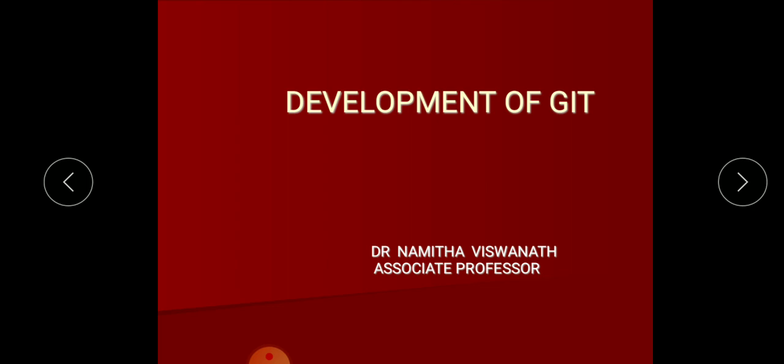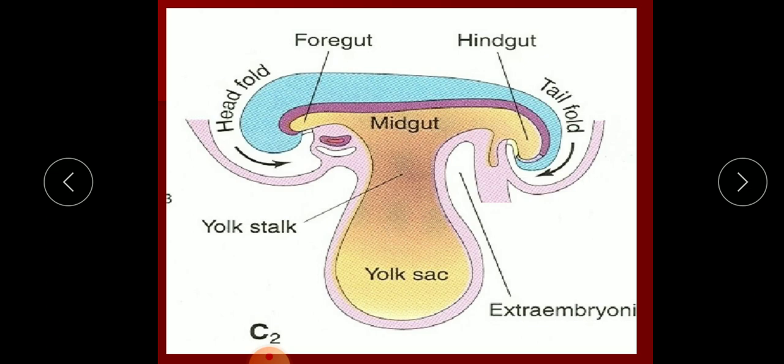All these are produced as a result of some developmental change in the normal development of GIT. So you should be very well aware what is the normal development and what abnormality in normal development has produced that abnormality. Fine. So that is why you should learn about the development of GIT.